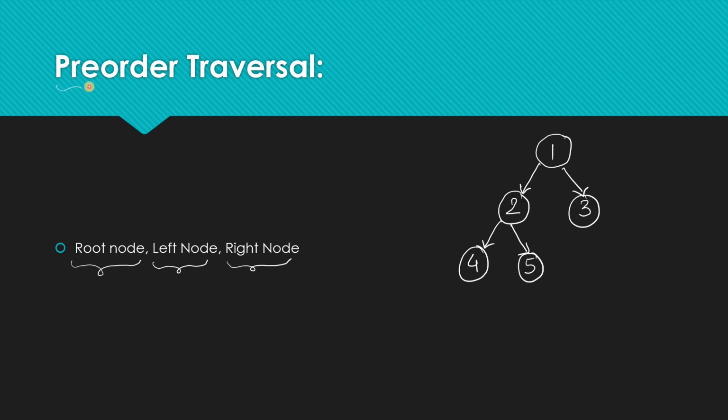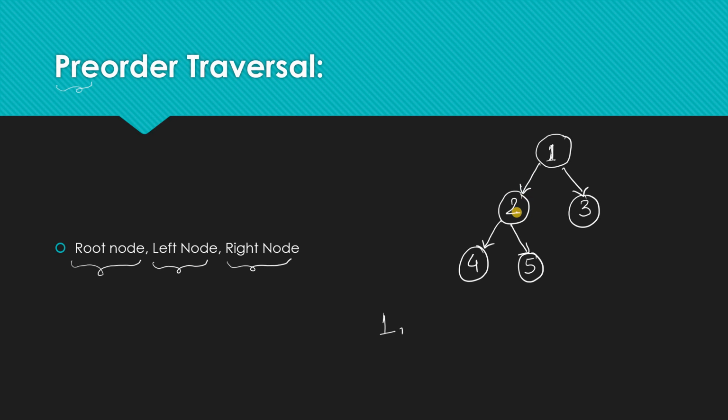As the name suggests, pre means first we will explore the node itself. Okay. So suppose we want to start from here. First we will explore this node. The value of this node is 1. Okay. Then we'll explore the left of this node. So the left of this node is this node.